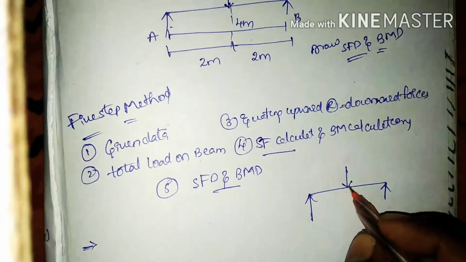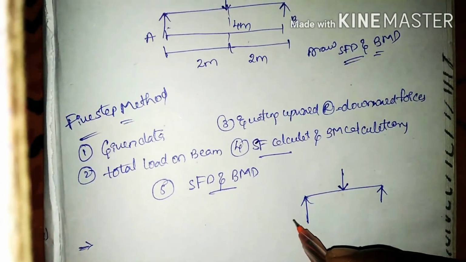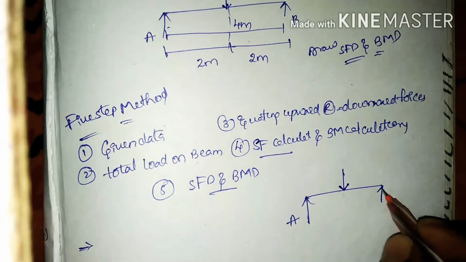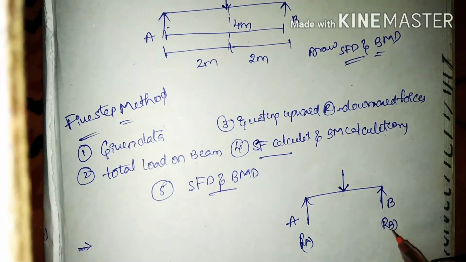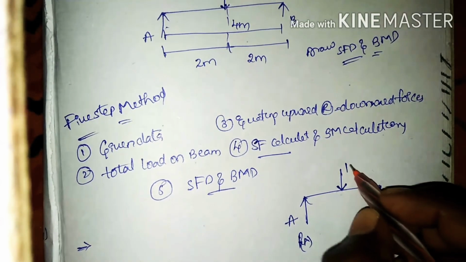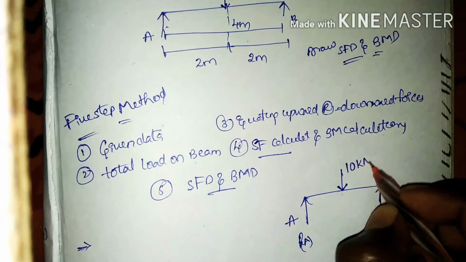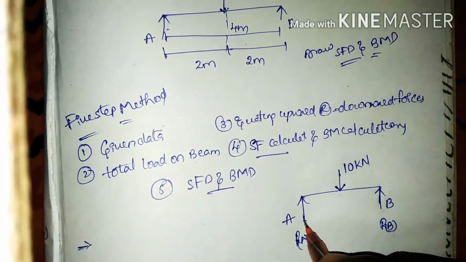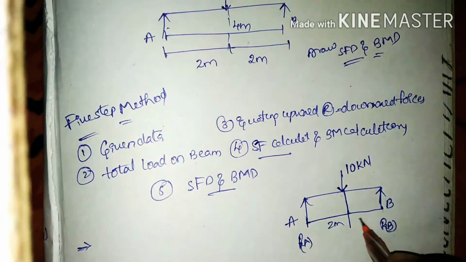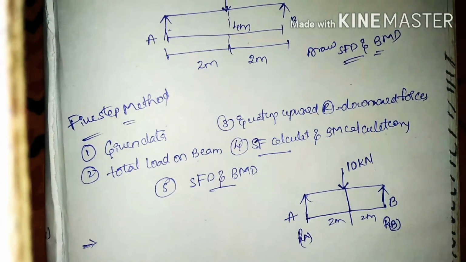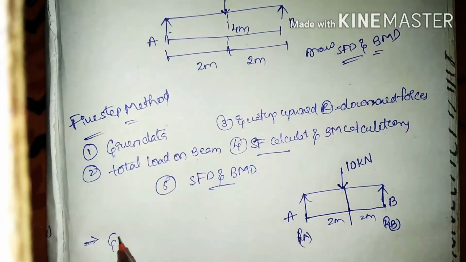The simply supported beam with A and B supports has reactions RA and RB respectively. The load is acting at the midspan with a magnitude of 10 kilonewtons, 2 meters and 2 meters. Given data.